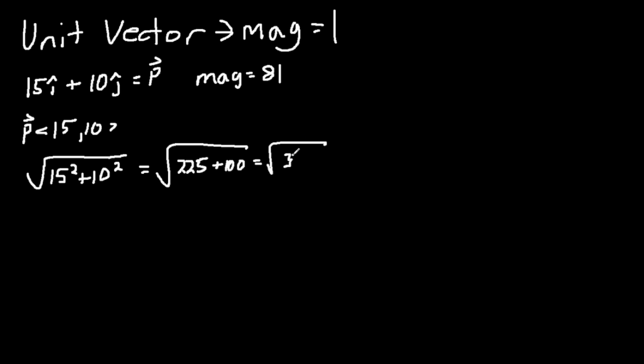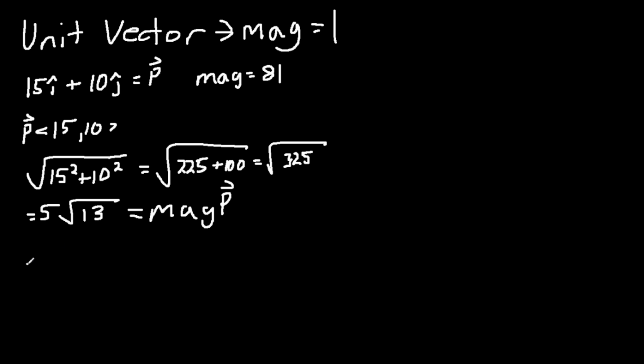So that is the square root of 325. And the square root of 325 is equal to 5 square root of 13, I think. Hold up. Yeah. So the magnitude of P is equal to 5 square root of 13.